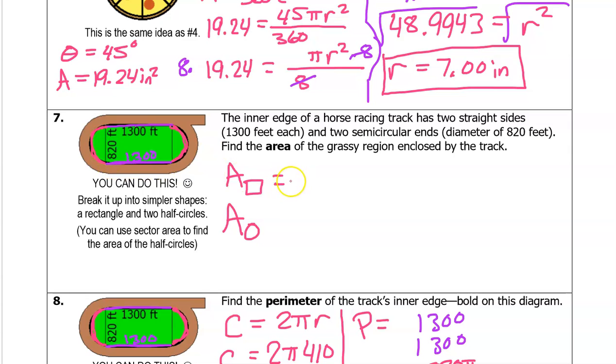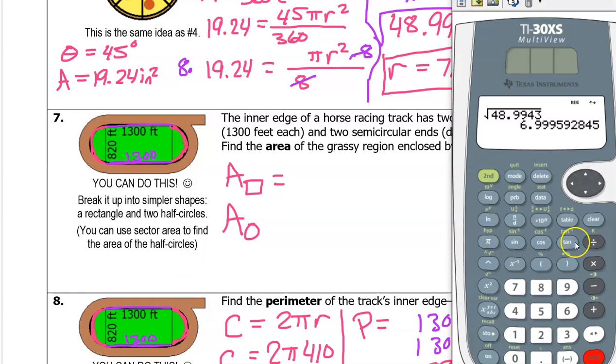Either way, that is going to be 820 times 1,300. So the area of the rectangle, length times width, 1,300 times 820, is 1,066,000.